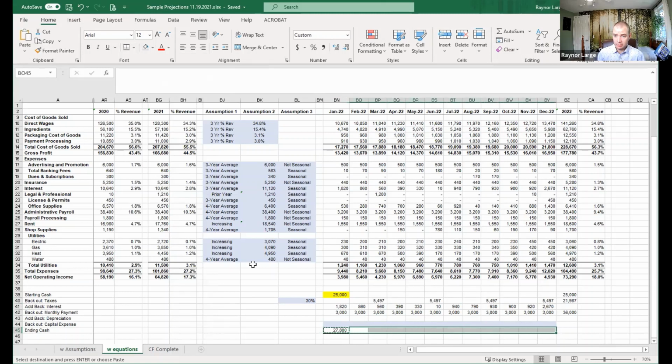So I'm going to copy my ending cash position across. But here's the catch, right? My starting cash position for every month is the ending cash position for the prior month. So February 1 at 12:01 a.m., same cash position as January 31, 11:59 p.m. So what I end the month with becomes what I start the next month with.